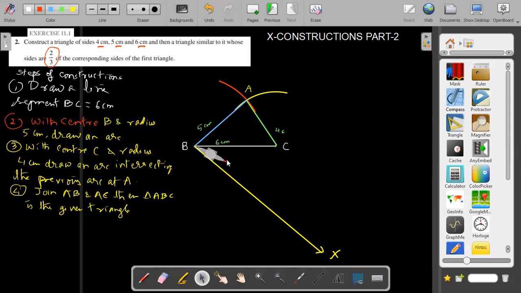How many arcs do we have to draw? 3 arcs, because 3 is bigger than 2. Whichever is bigger. After this you will put the compass here and draw another arc. Then keep the compass here and draw the third arc. That's it. 3 parts. We have to make the 3 parts.